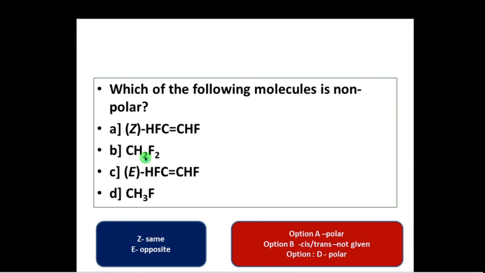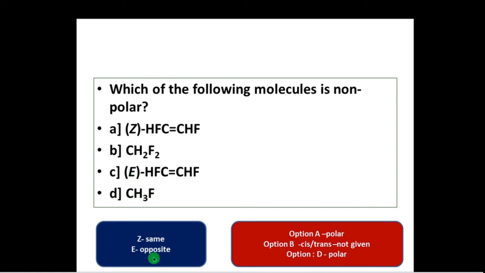And as usual in the last case about the fluoro compound, mentioning the fluoro compound on a carbon-carbon double bond, whether it is cis or trans cannot be given. Based on that, option D is also polar, as we already mentioned that CH3F is there, so F can attract the electron towards itself.